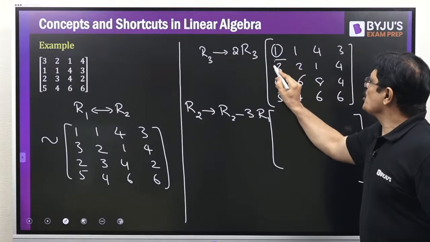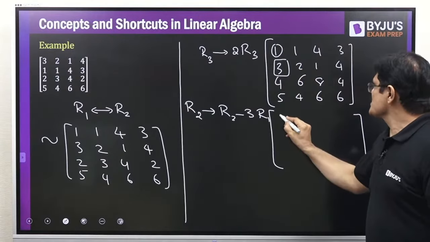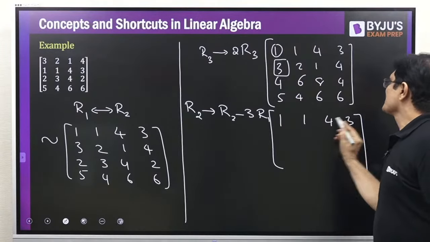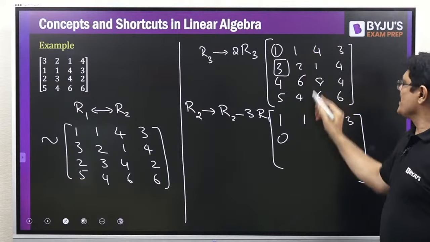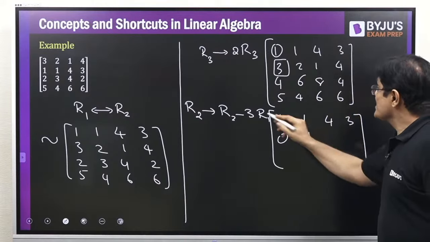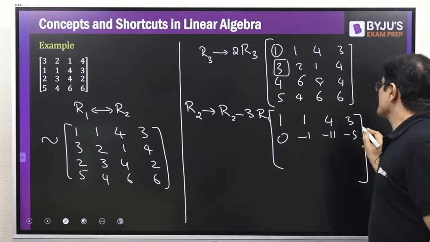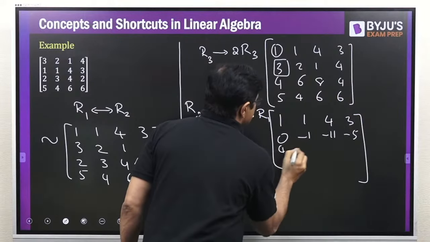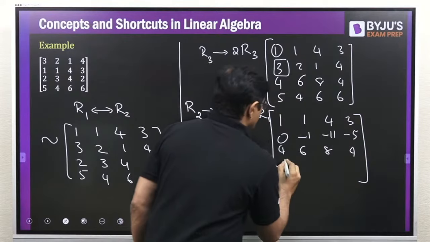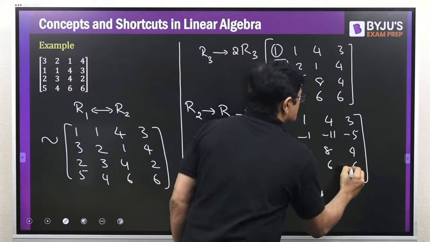So what do you do? Using this, I want to make this equal to 0. So it is 1, 1, 4, 3 and it is 0, and 2 minus 3 is minus 1, 1 minus 12 is minus 11 and 4 minus 9 is minus 5. The rest of the rows stay as they are: 4, 6, 8, 4, 5, 4, 6, 6.